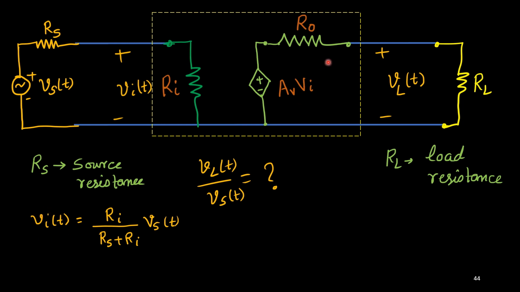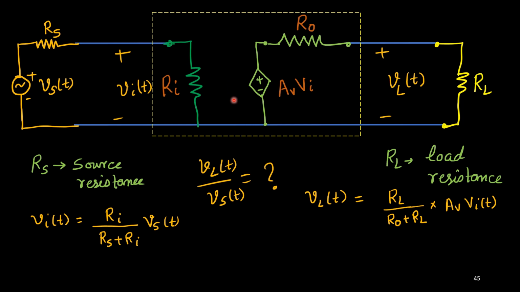Now I will consider the output side. How to find VL? Again look at this circuit. Now this voltage is AV times Vi, and this is R0, this is RL.